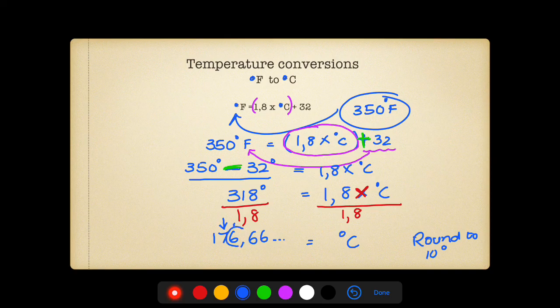So I look at the neighbor, 5 or more, let it soar. So I'm going to add 1 on there. So it is going to be 180, and the rest of the places just get filled up with zeros, but we don't need these zeros, okay? So this oven temperature is 180 degrees C.